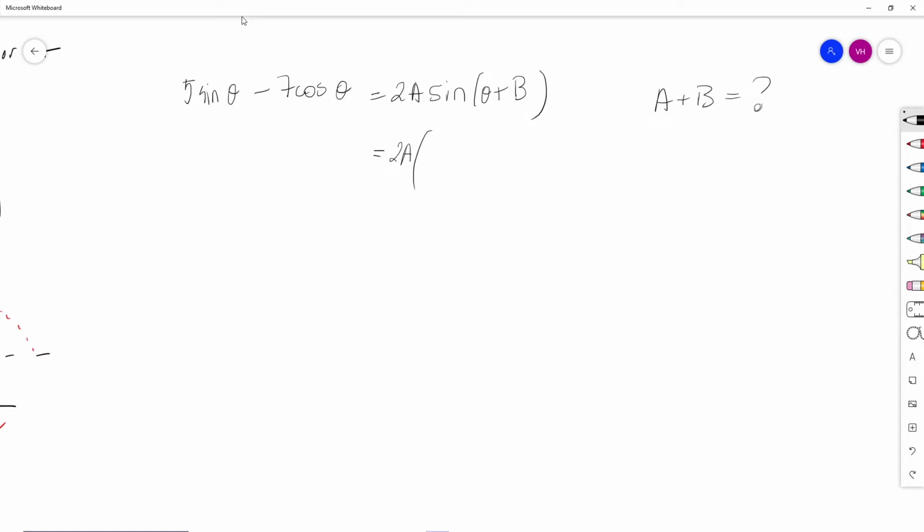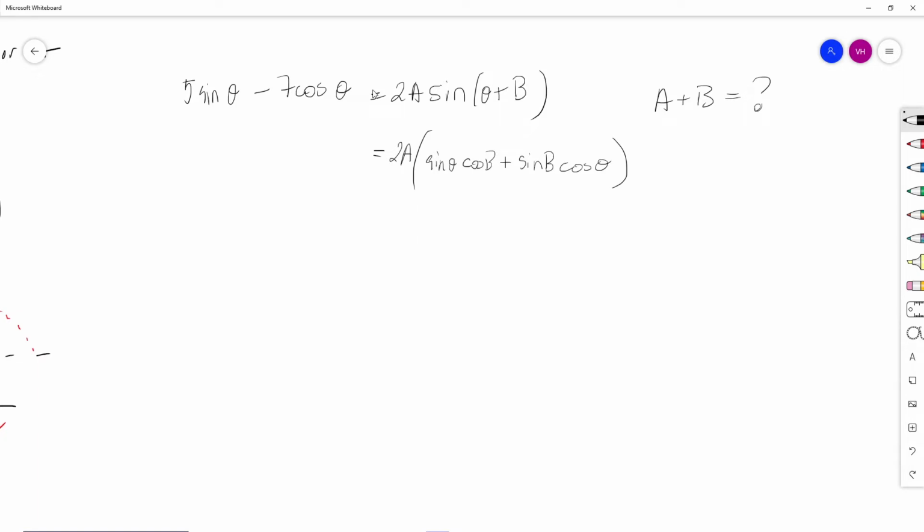Sine theta plus b is, oh wait, I'm sorry, it's not sine theta sine b. It's sine theta cos b plus sine b cos theta.